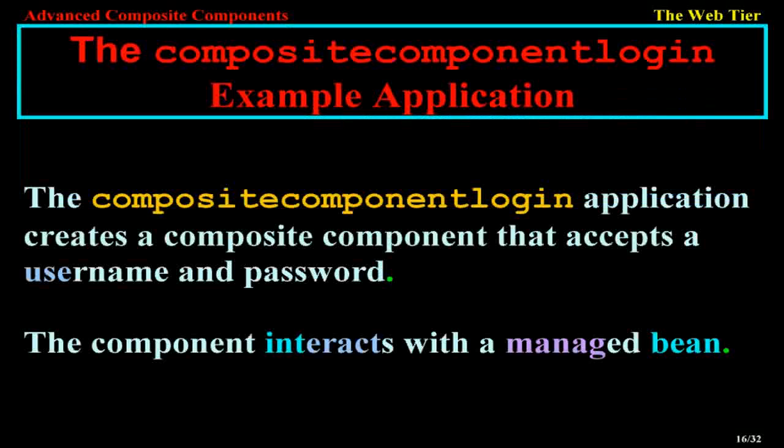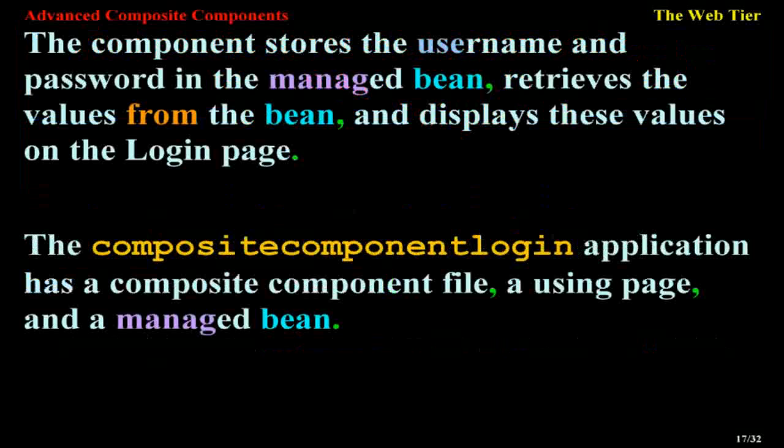The composite component login example application. The composite component login application creates a composite component that accepts a username and password. The component interacts with a managed bean. The component stores the username and password in the managed bean, retrieves the values from the bean, and displays these values on the login page.